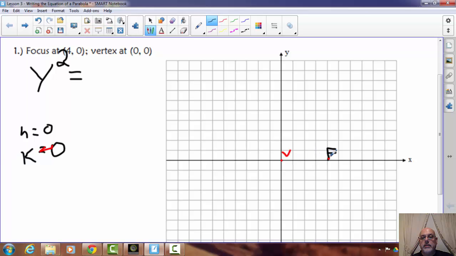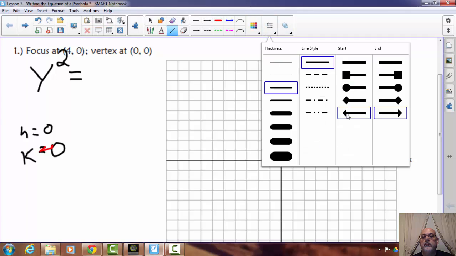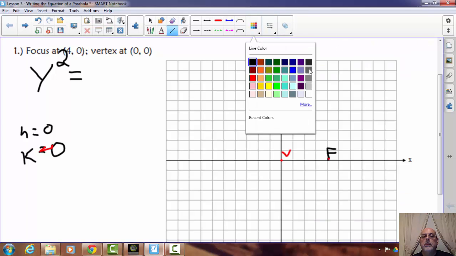The focus is 4 away from the vertex, which means the directrix will be 4 on the other side. If you look at all the other parabola problems we've done, the vertex is halfway between the focus and the directrix. So let's draw in that line of the directrix, in blue.